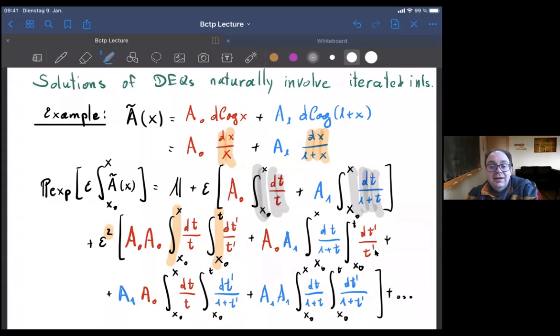And in fact, even here, had I gone to order epsilon to the fourth power, that would still have worked. Epsilon to the fifth wouldn't, Mathematica's integrate wouldn't have been able to compute the integrals anymore. You get new functions, new kinds of objects, which are iterated integrals, which are more general than the functions Mathematica knows. And those are the objects that show up in multi-loop computations. So you need to understand them.